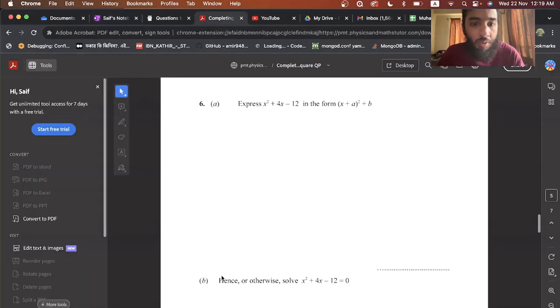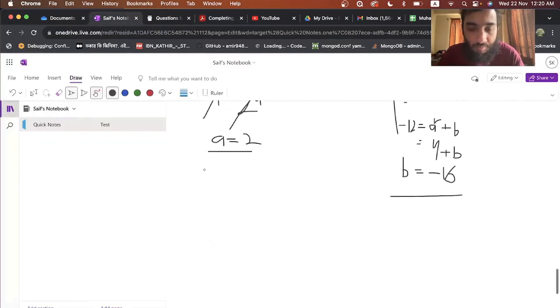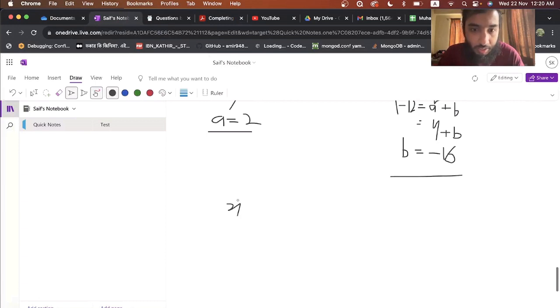So what I'm going to do here in the second portion is solve this: x square plus 4x minus 12 equals 0.